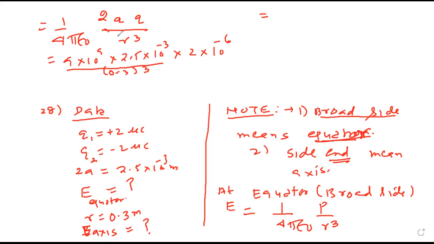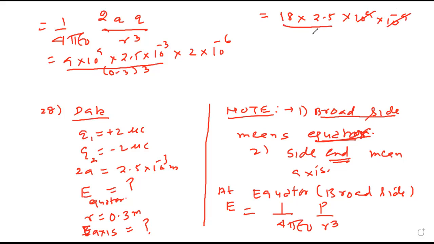9 into 2 into 2.5. Minus 6, minus 3, minus 9. So 10 raised to 9 and 10 raised to minus 9 will get cancelled.